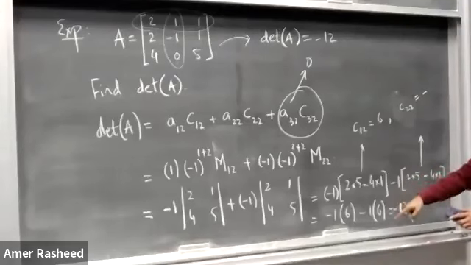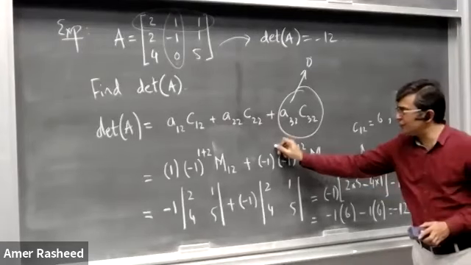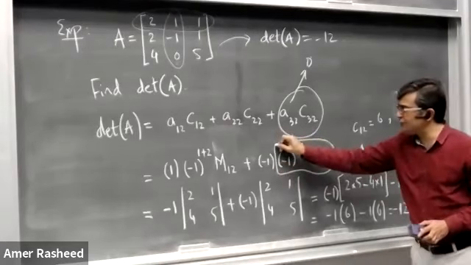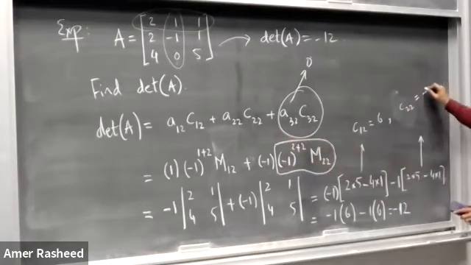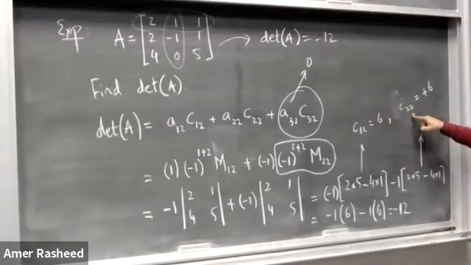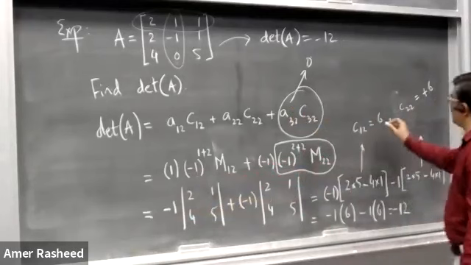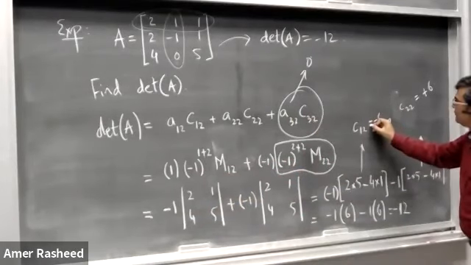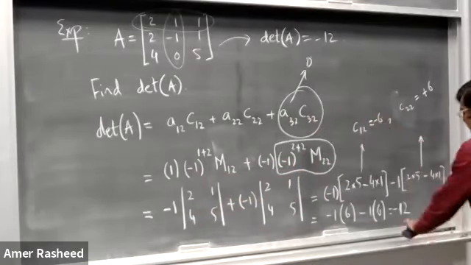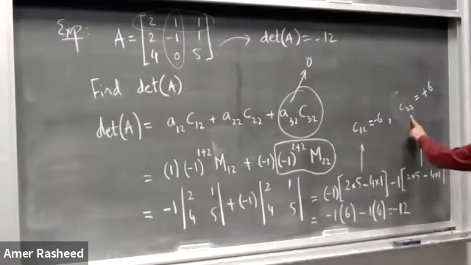Negative or positive? Because look, this is your cofactor C22, which is positive 6. Okay? So this is your C12 and this is your C22, and this one is -6. Carefully. Now you already have C12, C22.